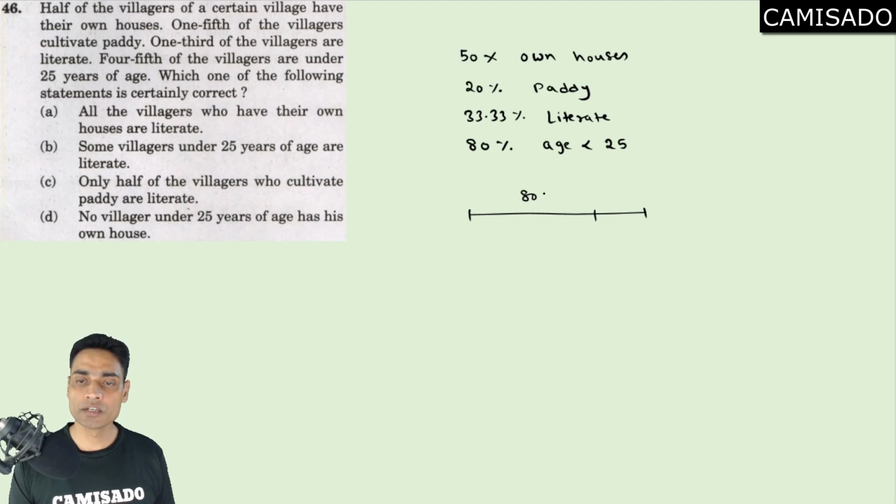So these are the villagers whose age is less than 25, and they are talking about literacy. Literacy is 33.33%, because this is 20%. So ultimately, somewhat here you will get 33.33%. So there is a common area where the villagers having age less than 25 are literate also. So B is the right option.